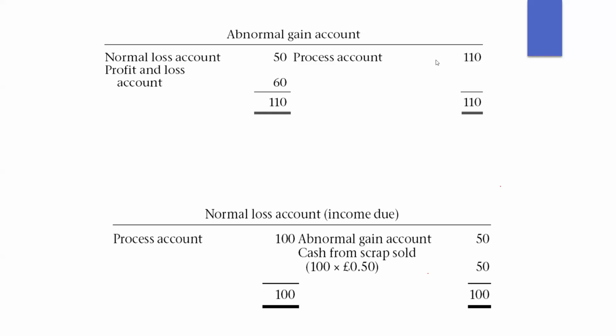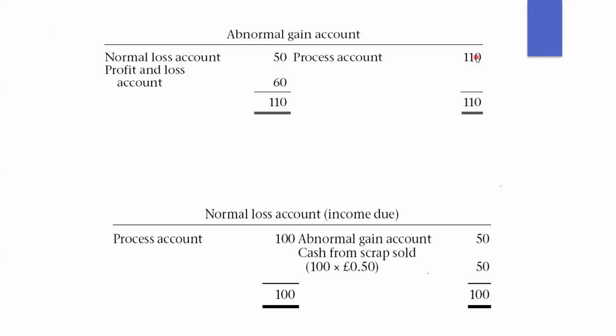So now let's see the abnormal gain account. In the abnormal gain account, we are going to transfer the debit balance in the process account to the abnormal gain account as the credit balance, which is 110.